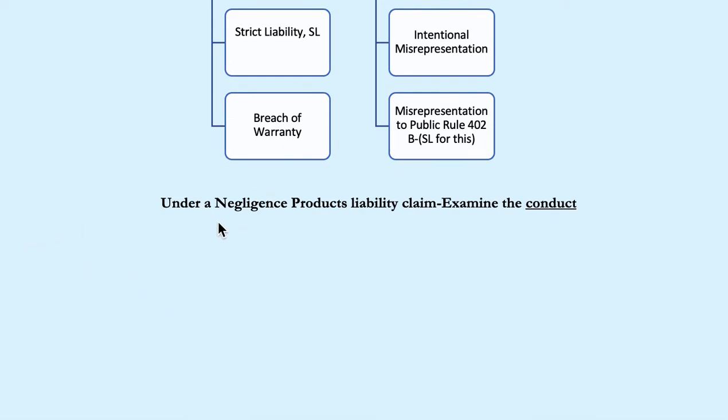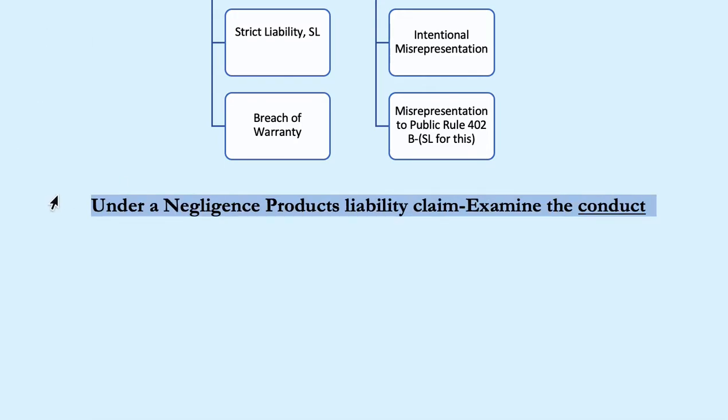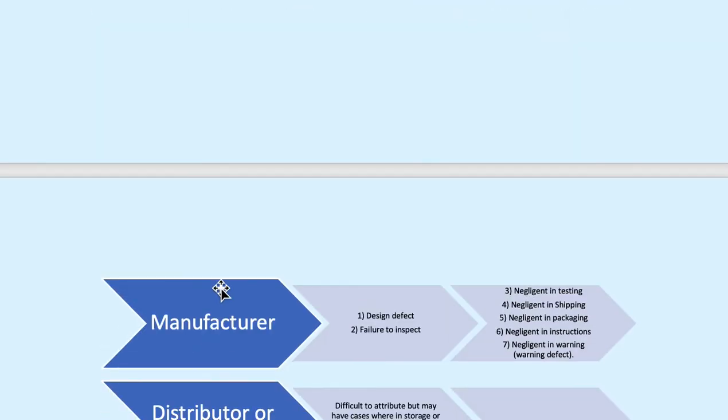Now, under negligence products liability, what you do is you look at the conduct of anyone in the chain of commerce. We're talking about people that deal with selling the products. You certainly wouldn't be talking about a dentist or a physician. You would be talking about a retailer. Here, I'm going to go to the graphic I created.